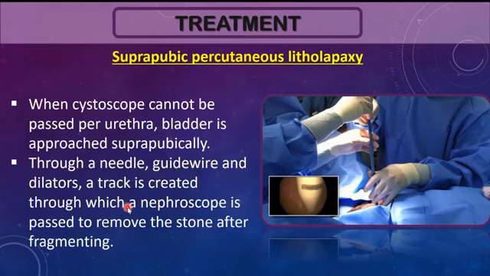Then pass a guided needle, confirm the urinary bladder, and put in a guide wire. Through the guide wire, the tract is dilated with the fascial dilators. Whenever sufficient diameter is achieved, the nephroscope is passed into the urinary bladder, and the stone is crushed or fragmented and removed through the sheath. This is called suprapubic percutaneous litholapaxy.